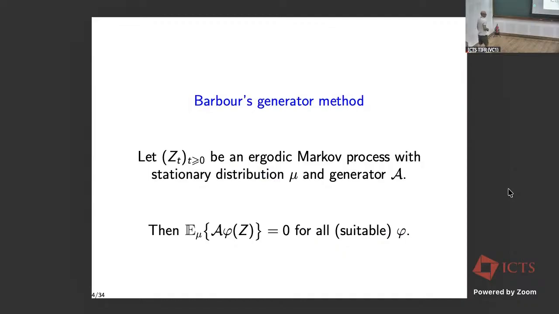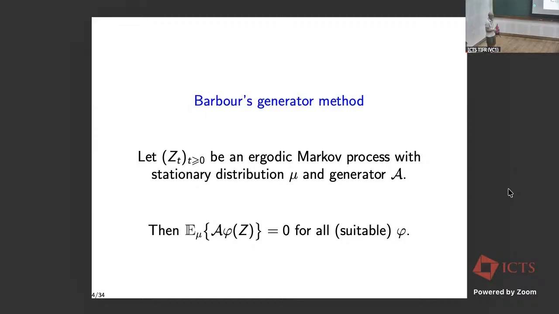The more important one, the more influential one, is what's called Barbour's generator method. That's based on the following observation: if you have an ergodic Markov process with stationary distribution mu, that's the distribution of interest, the one you want to approximate with, which has a generator A, then it's a standard result from Markov process theory that if you take A, apply it to a function phi, plug in the stationary distribution Z, and take expectation, you get 0.